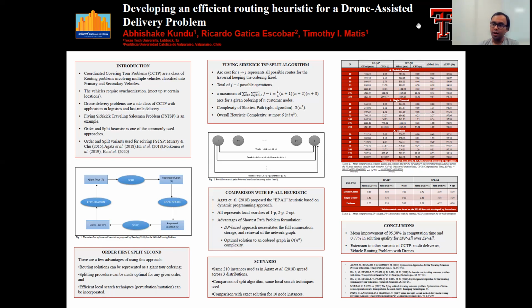First, it obtains the optimal solution to an ordered graph in O(n) cubed complexity as compared to the DP-based algorithm proposed by Agatz et al., which does so with a complexity of O(n) to the power 4. And their speedup feature, although of the same complexity as ours, misses a certain class of routing solutions.